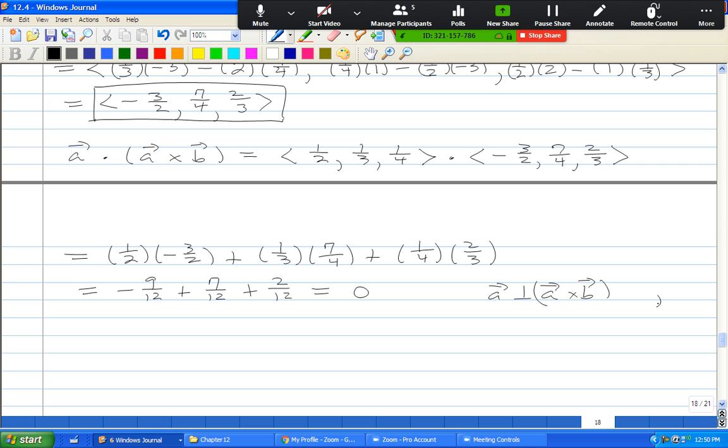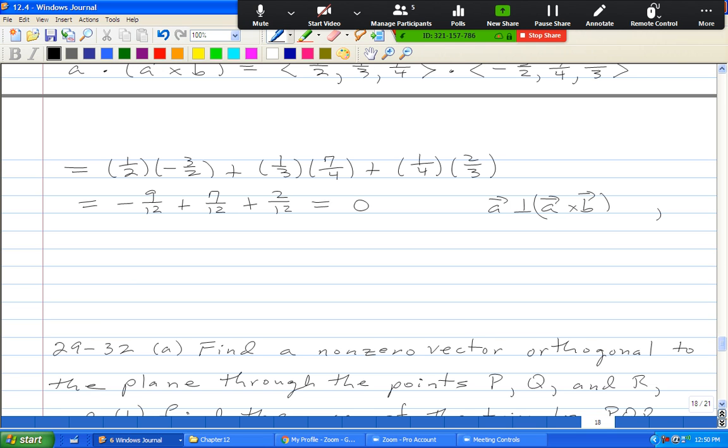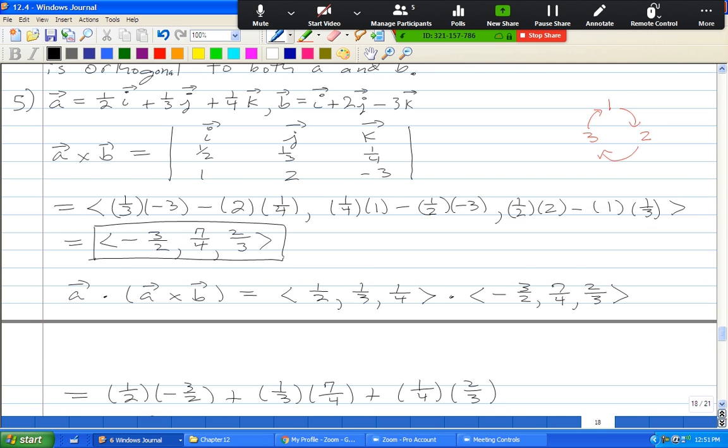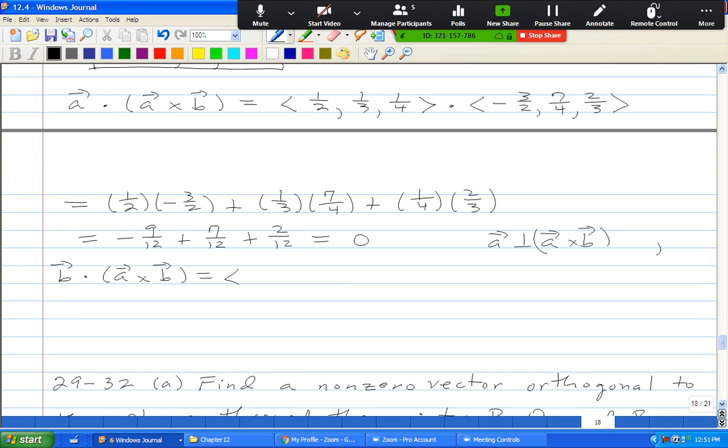Good. Now let's try to show that it's also perpendicular to B. So let's do B dot A cross B. What's B? B is 1, 2, 3. And negative 3/2, 7/4, 2/3.